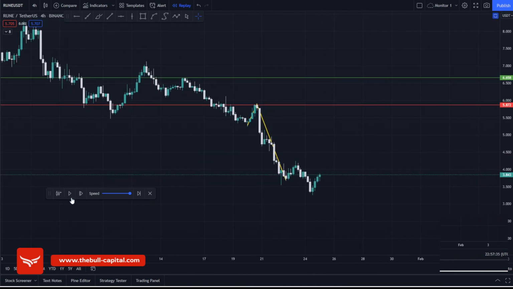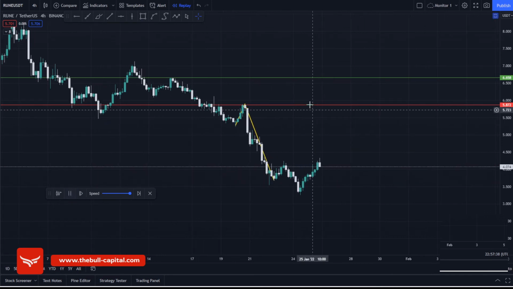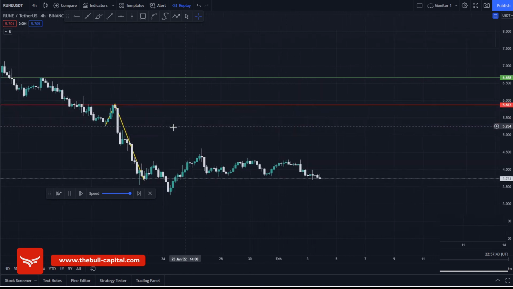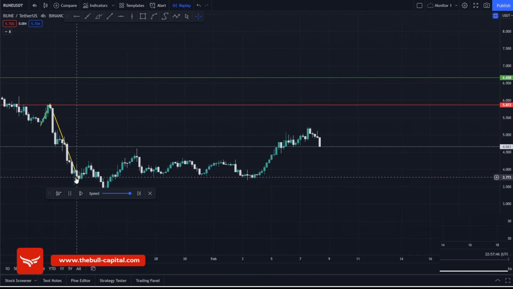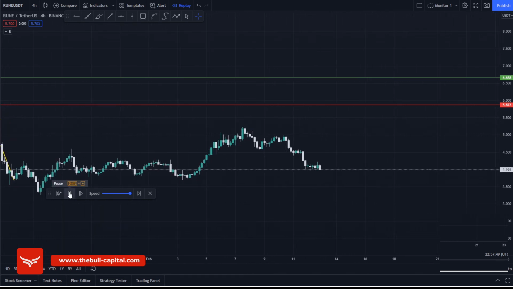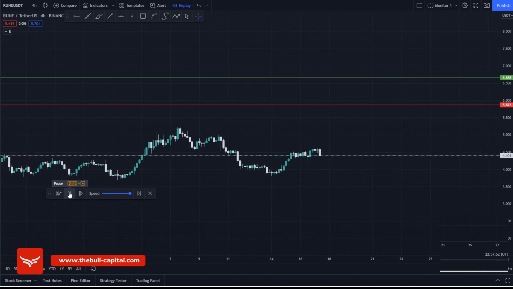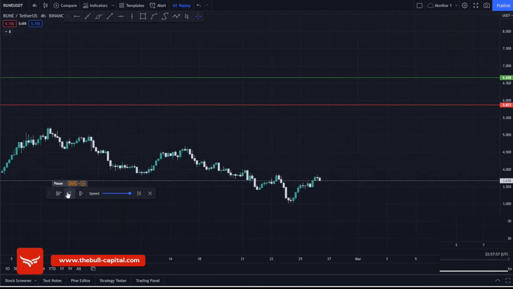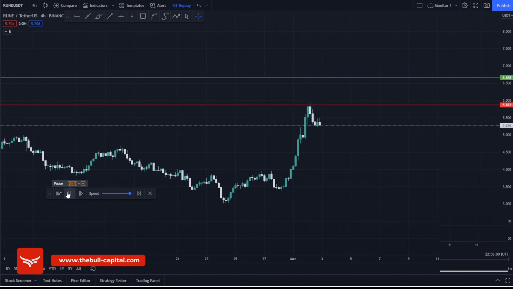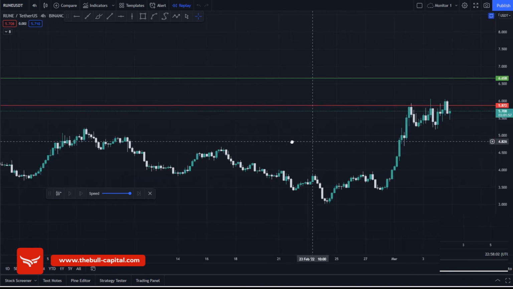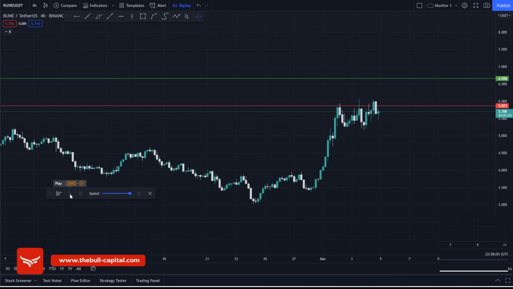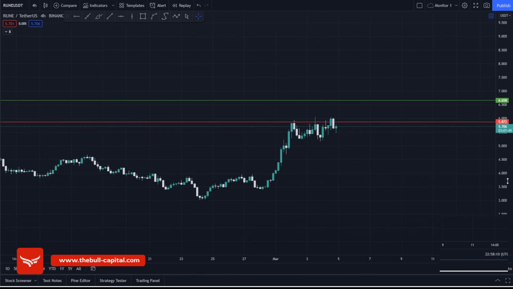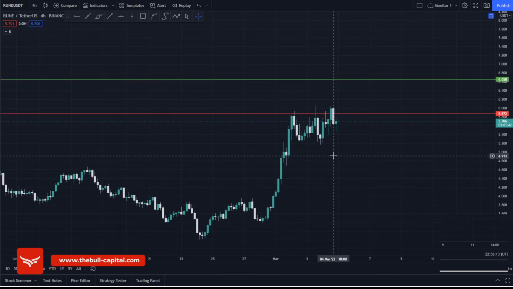Now let's go forward. I don't know if it's going to come back. I want to see how it's going to react again when it touches this resistance. And there you go. So this is the actual price right now on Rune.